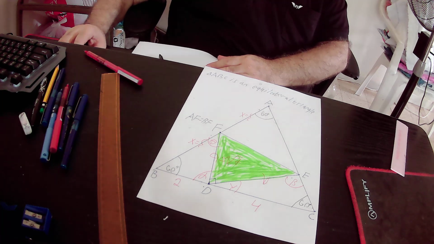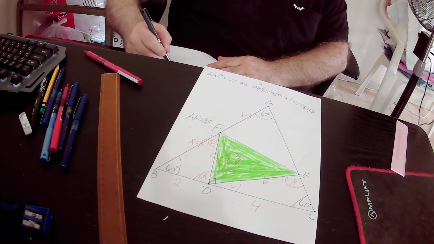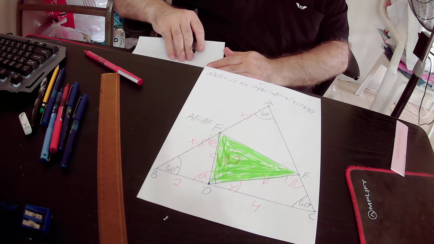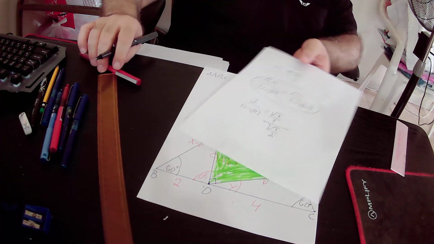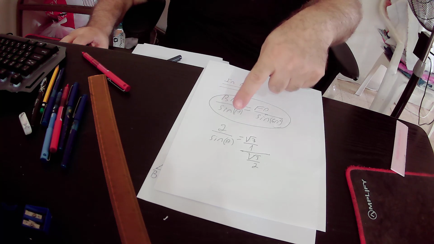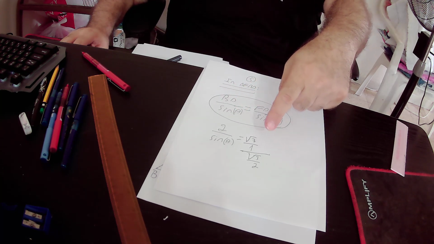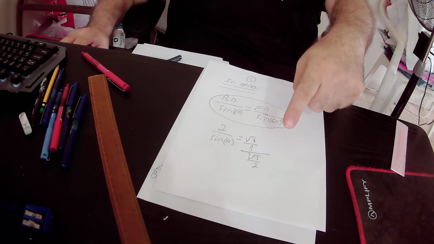And sinus 60 degrees equals root 3 over 2. So we got this equality that states that 2 over sinus theta equals root 7 over root 3 over 2.